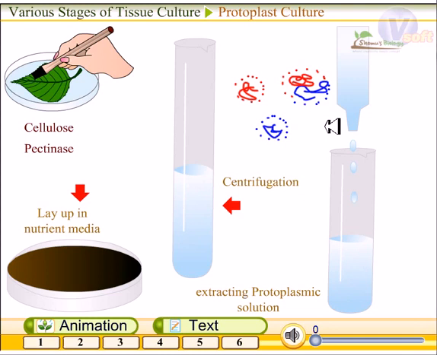Okay, so each of the different types of cell culture are important. They are important for their unique features, and we utilize them for our desired purposes. Okay, but another very important part about this protoplast culture is the isolation. Now enzymes such as cellulase and pectinase are used to decay the cell wall of the plants when we implant them in this nutrient media.